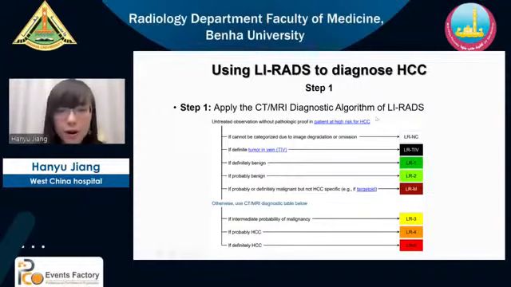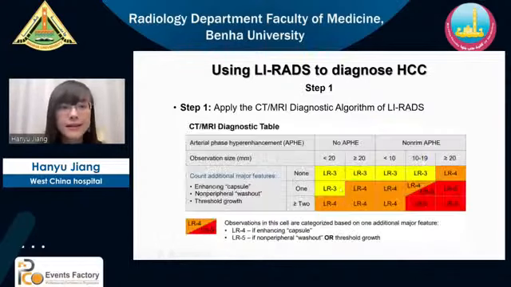After finishing all of these categorizations, otherwise use the CT/MRI diagnostic table, which we will talk about later, and classify the remaining observations as intermediate probability of malignancy, LR-3, probably HCC, LR-4, and definitely HCC, LR-5.